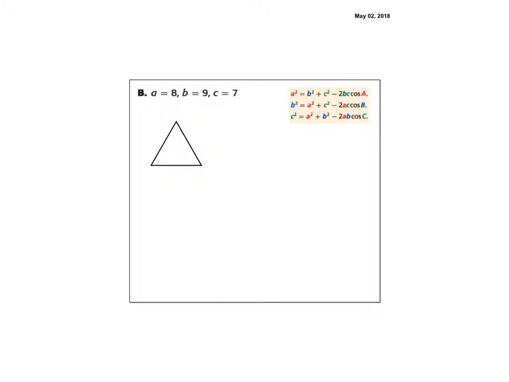Here's another problem. This is part B. And it looks like here that we're given 3 sides. So I'm going to go ahead and label the triangle. I'm going to label the triangle A, B, C, and call little a 8, little b is equal to 9, and little c is equal to 7.